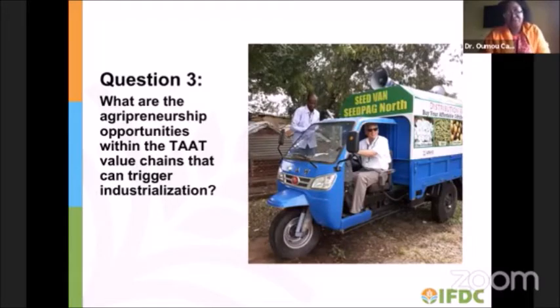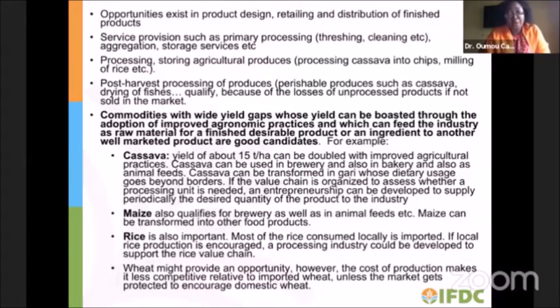Quickly going over the last question on agripreneurship opportunities within the TAAT value chains to trigger industrialization. Yes, this is why my slide is crowded: opportunities exist in product design, retailing, distribution, finished products, service provision, processing of agricultural produce, and post-harvest processing.